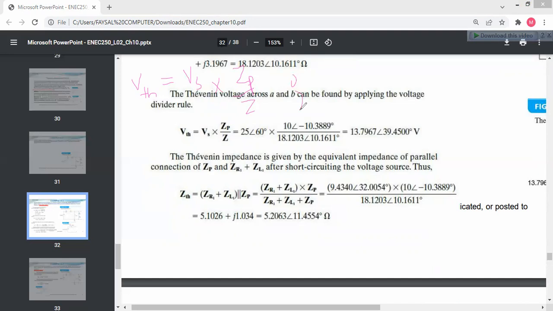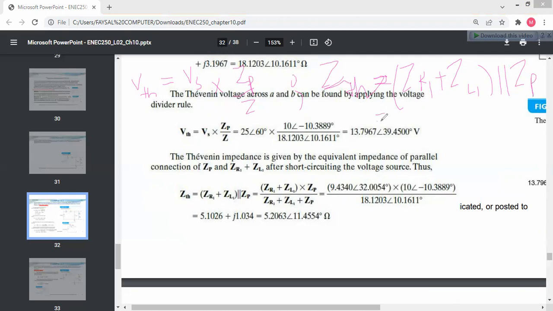Now the second important thing is my Thevenin impedance, ZTH. ZTH will be equal to ZR1 plus ZL1 in parallel with ZP.